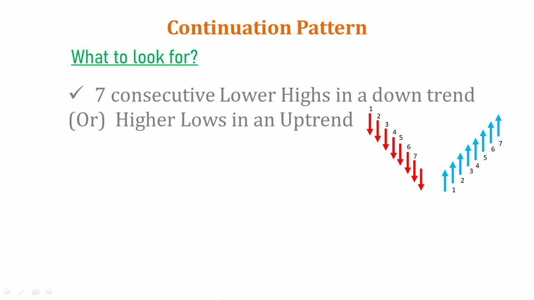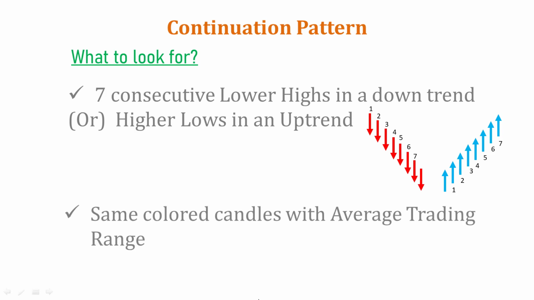So now that we have identified the trend, let's go on and see how to identify its strength. Doing this is pretty simple. When the price is in a downtrend, just check whether all of these 7 candles are bearish. If so, then we can take that as a strong downtrend.